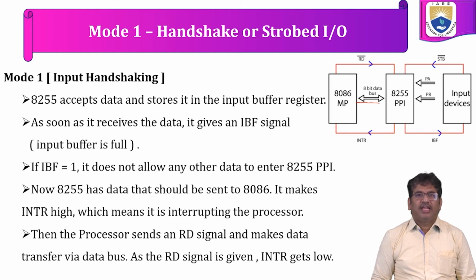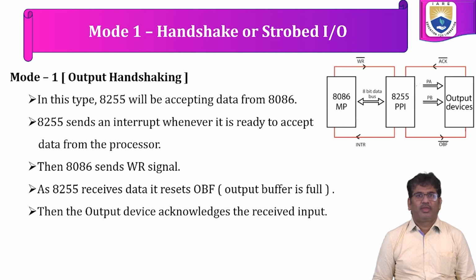Once the data is captured into 8255, it will generate an interrupt signal for the 8086 processor. Then the processor will generate the read signal. Upon receiving the read signal, the data captured by 8255 will be placed on the data bus.